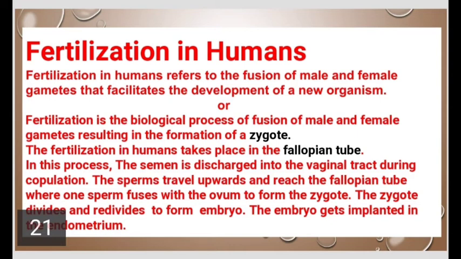In this process, the semen is discharged into the vaginal tract during copulation. The sperms travel upwards and reach the fallopian tube where one sperm fuses with the ovum to form the zygote. The zygote divides and redivides to form the embryo. The embryo gets implanted in the wall of the endometrium.